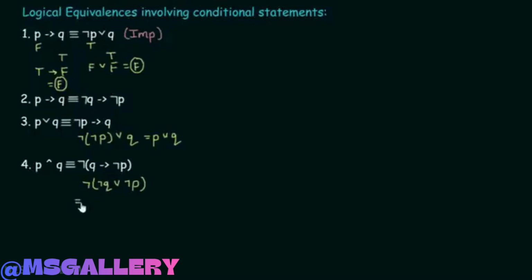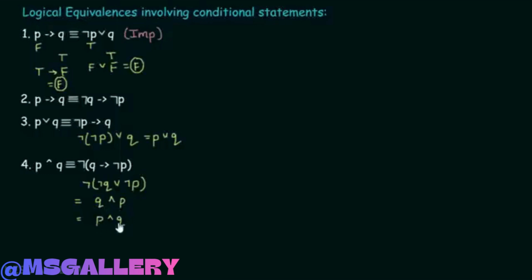According to De Morgan's law, when this negation goes inside, it will change the signs. Not Q will become Q, not P will become P, disjunction will become conjunction, right? This is Q and P. Now, according to commutative law, this will become P and Q, right?